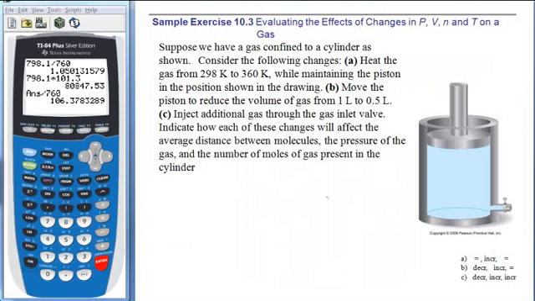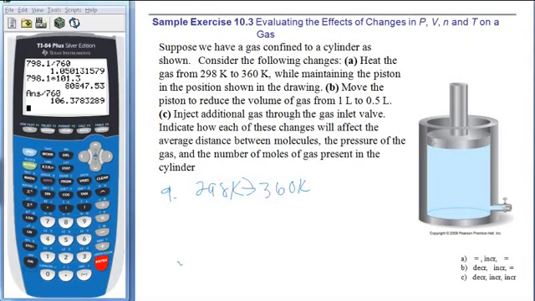Alright, so let's take a look at a couple of examples. Suppose we have a gas confined to a cylinder as shown. Consider the following changes. A is heat the gas from 298 to 360 K, while maintaining the position shown in the diagram.